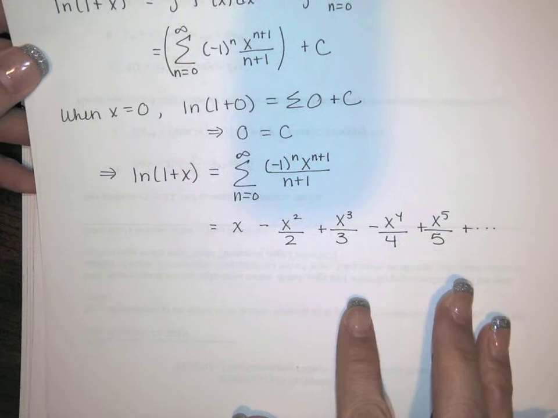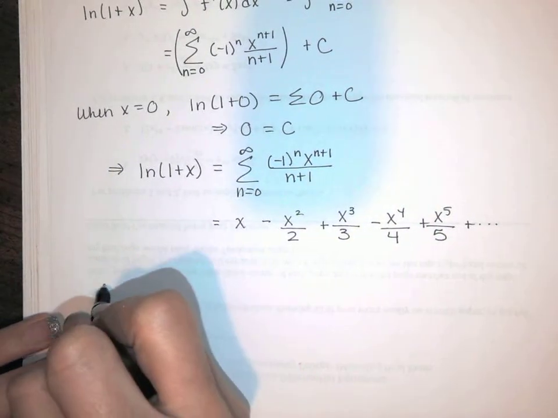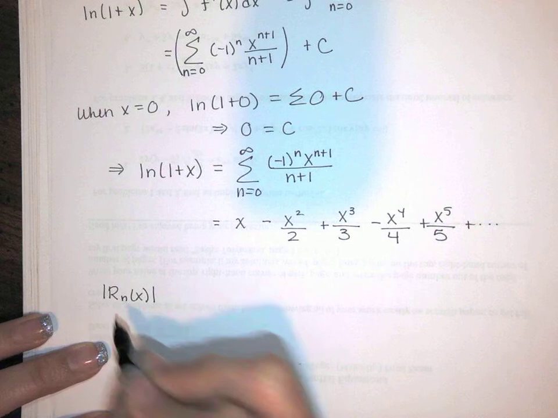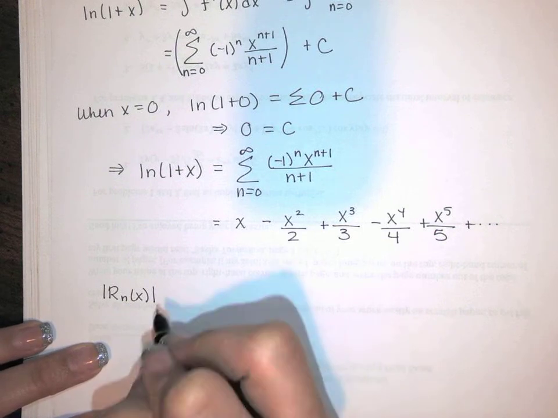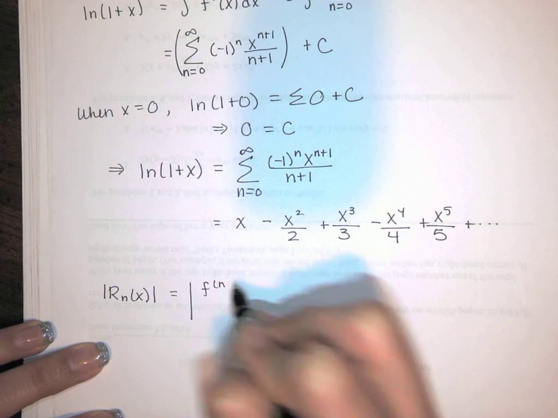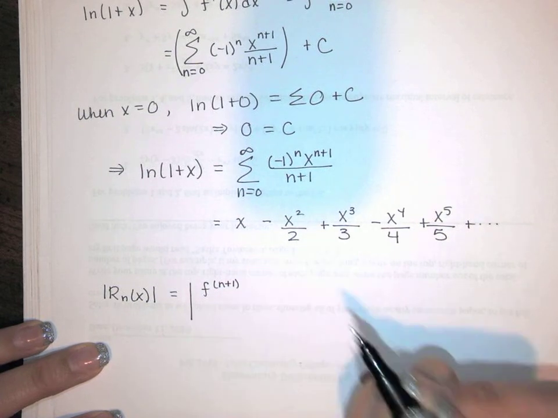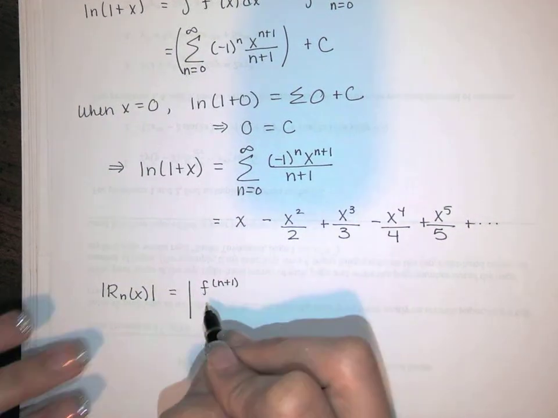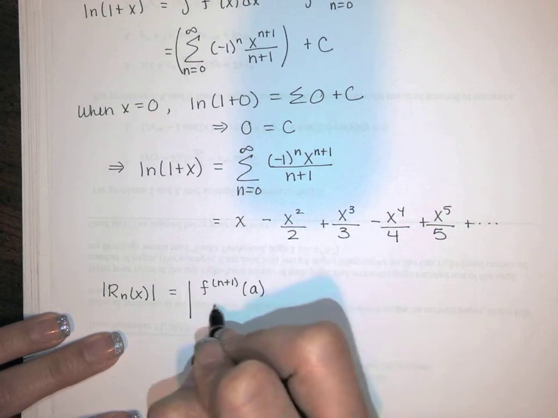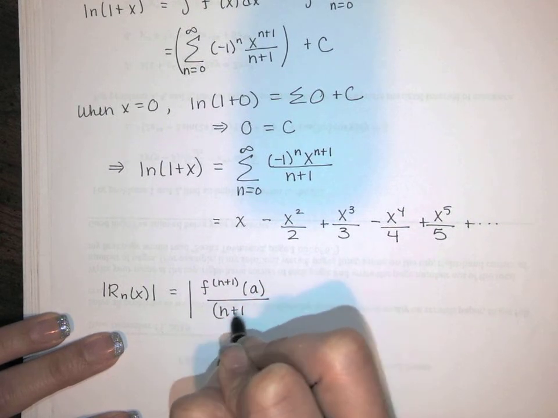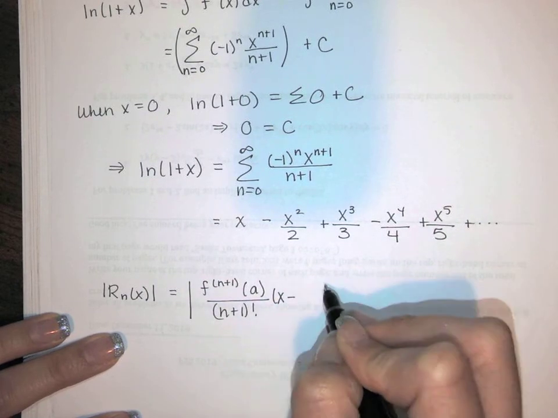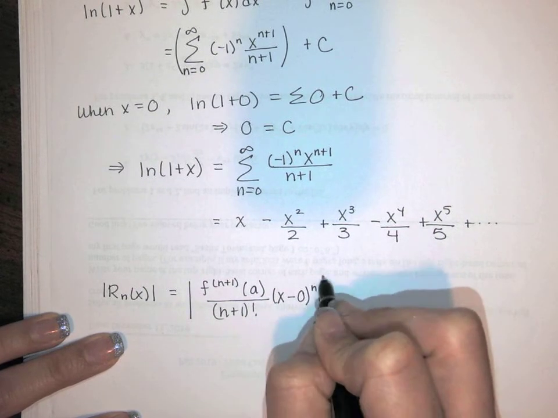So in order to do that, we're going to look at our error. The error of the approximation for an nth degree polynomial is equal to this. It's the next order derivative, evaluated at a, over n plus 1 factorial times x minus the center of the series, which happens to be 0, to the n plus 1.